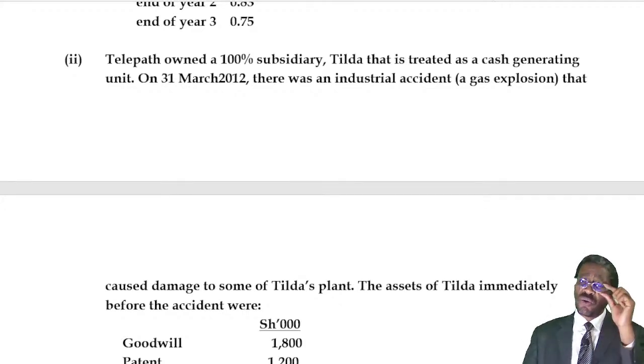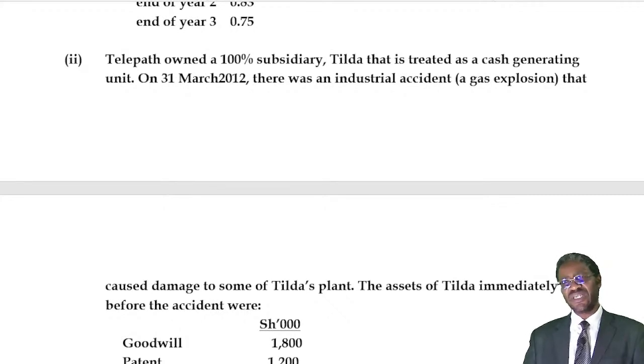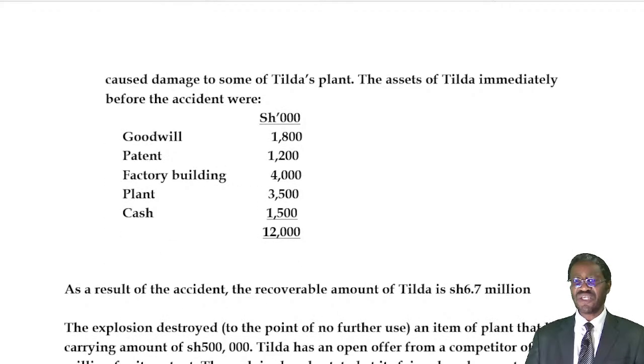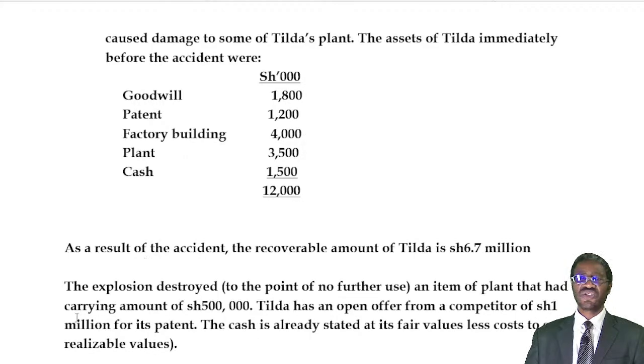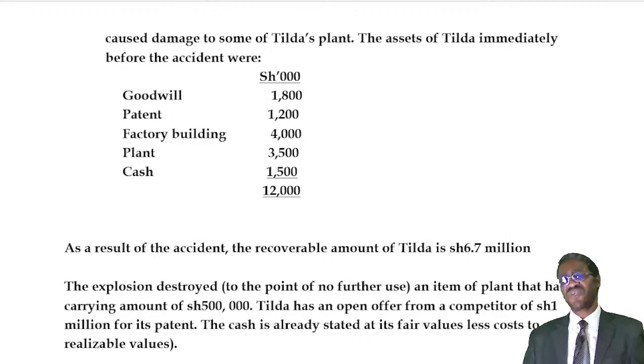We read it. Number B2 says, Telpath owned a 100% subsidiary, Tilda, that is treated as a cash-generating unit. On 31st of March 2012, there was an industrial accident, a gas explosion, that caused damage to some of Tilda's plant.